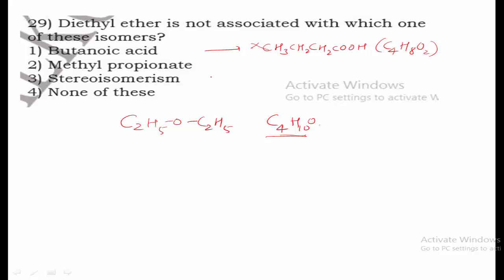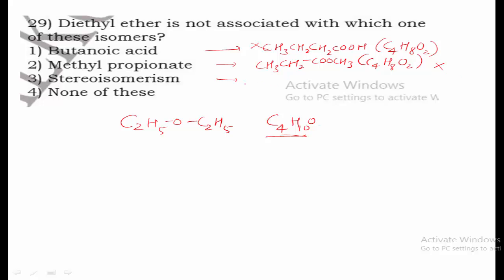Then the second one, methyl propionate. How will you write methyl propionate? CH3CH2COOCH3. Okay, and the molecular formula is C4H8O2. This is also not the same.